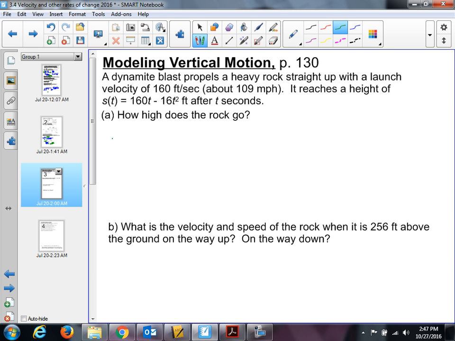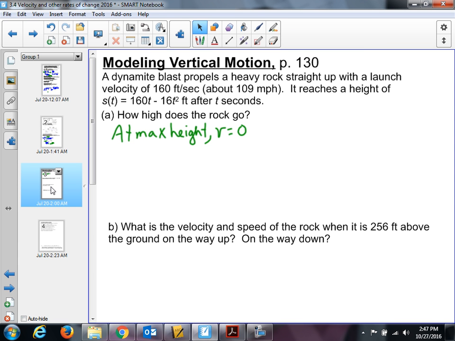Okay. At max height, v equals 0. So we need the velocity function. We have the s function, the position function. How do you get the velocity from that? I hear it mumbled a couple times.